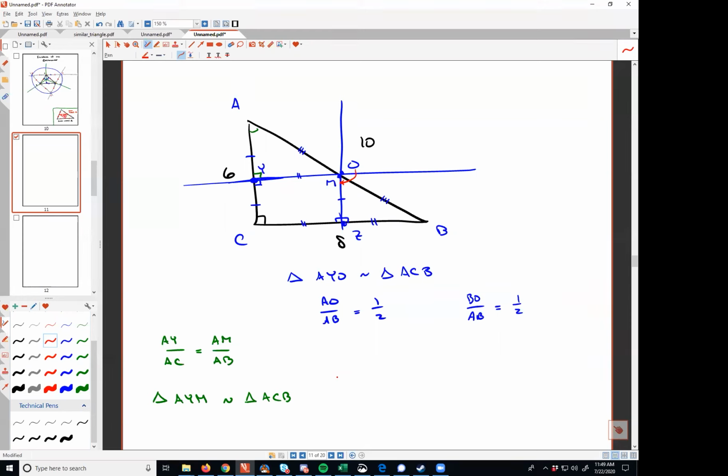Because AO is the same distance as OB, which means that the midpoint has to be O, which is the same as M. Well, we learned that M is on the perpendicular bisector of AC, and M is on the perpendicular bisector of BC. So it must be the same as that point O. So the midpoint of the hypotenuse is the circumcenter of the right triangle.